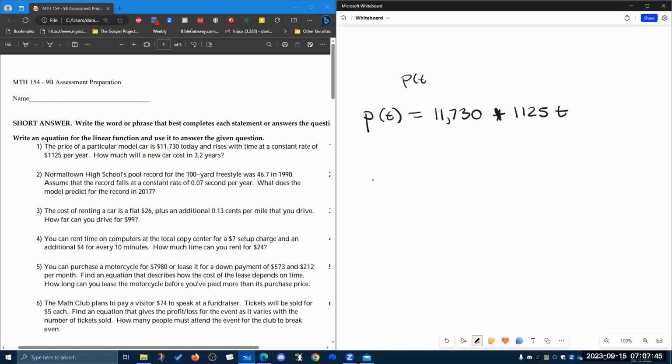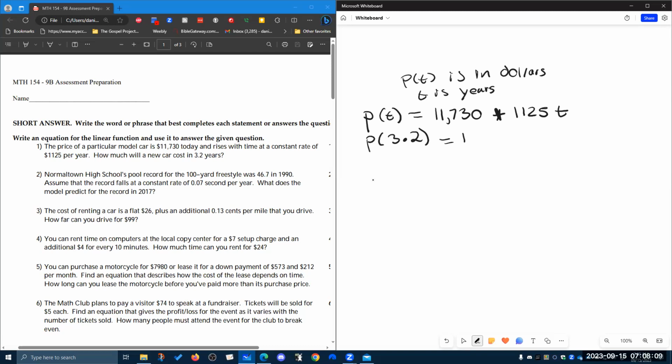P of T is in dollars. T is years. So we want to find P of 3.2.